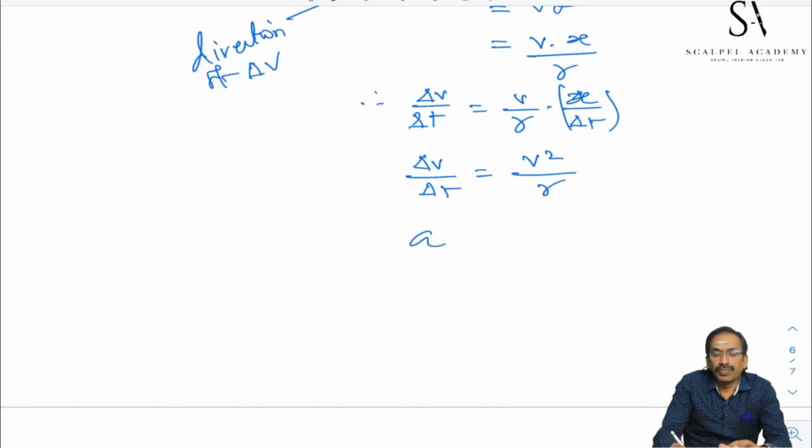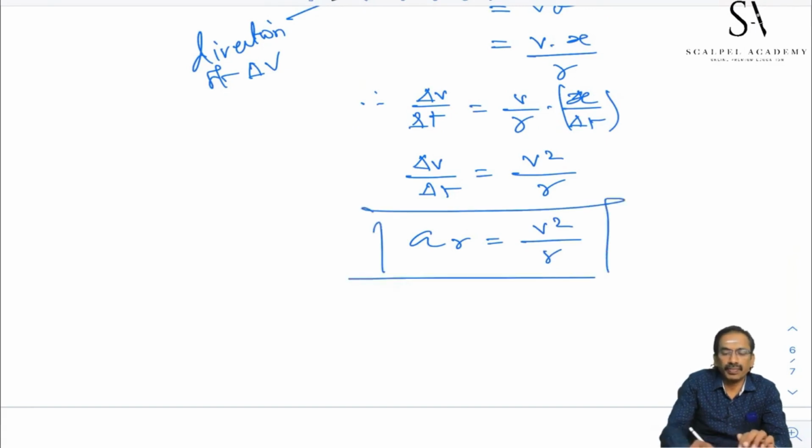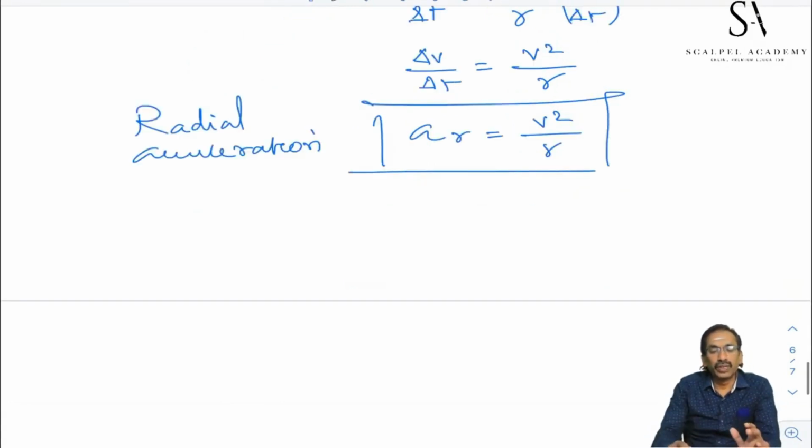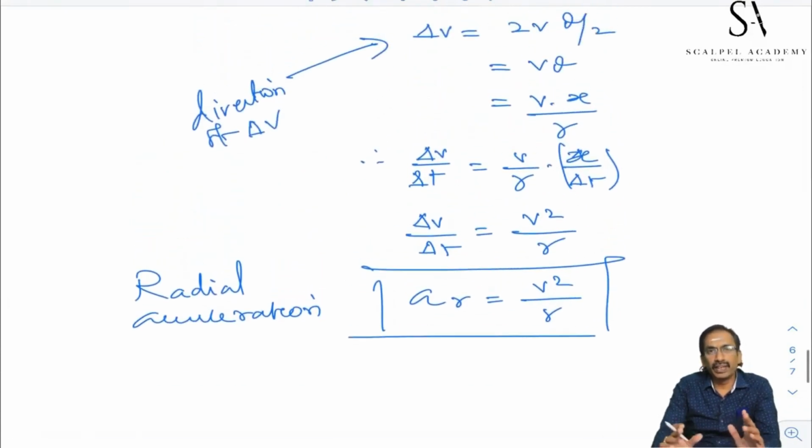This is called radial acceleration, that is equal to v square by r. Student, the direction of delta v will be along the radius towards the center. So that's why it is called radial acceleration.